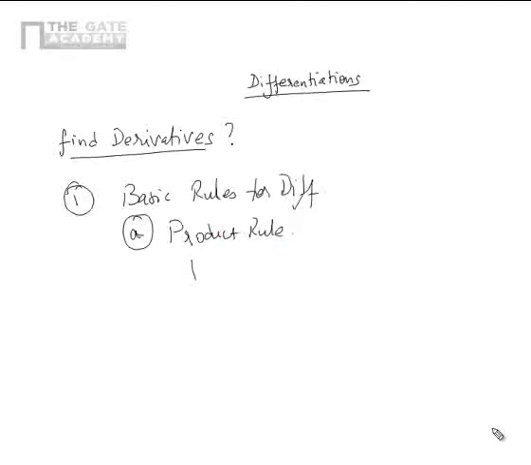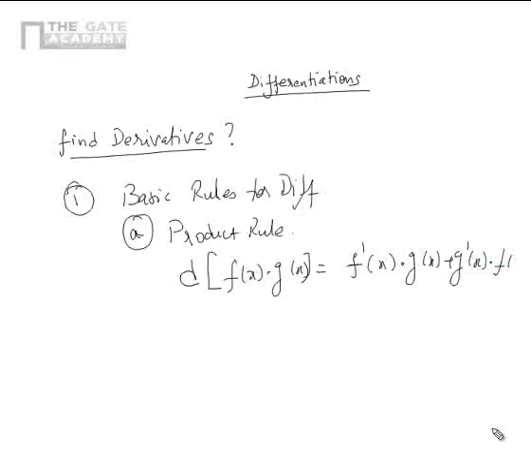If I have to differentiate f of x into g of x, I will get f dash of x into g of x plus g dash of x into f of x. That is, when I differentiate a product, I keep one function as constant and differentiate the other. Then I differentiate the other function and keep the first as constant.